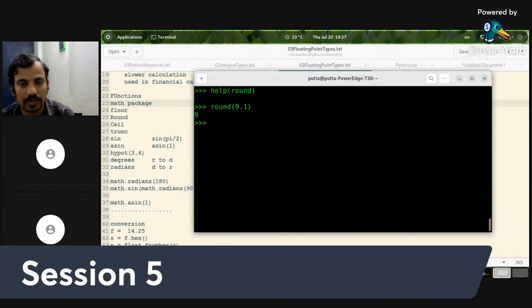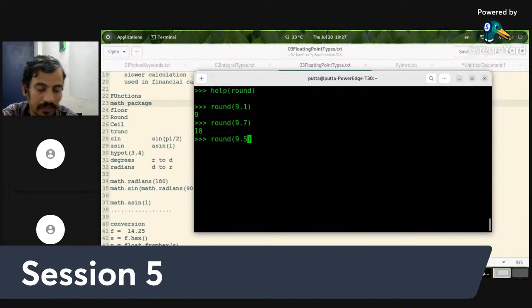What are you getting for round 9.1? 9. Suppose it is 9.7, round 9.7, what is the result? 10. It's not 9, it's 10. What about 9.5?